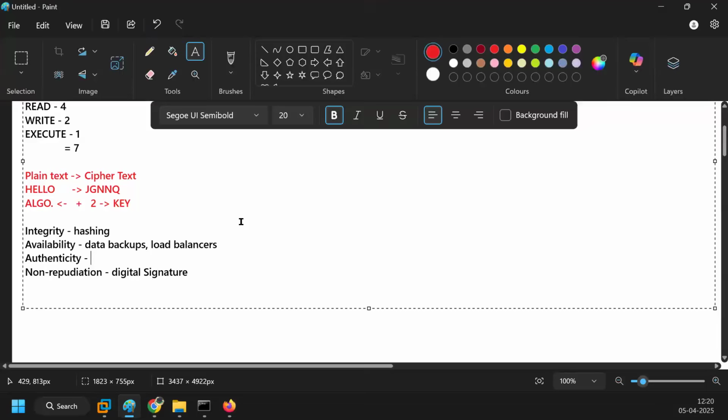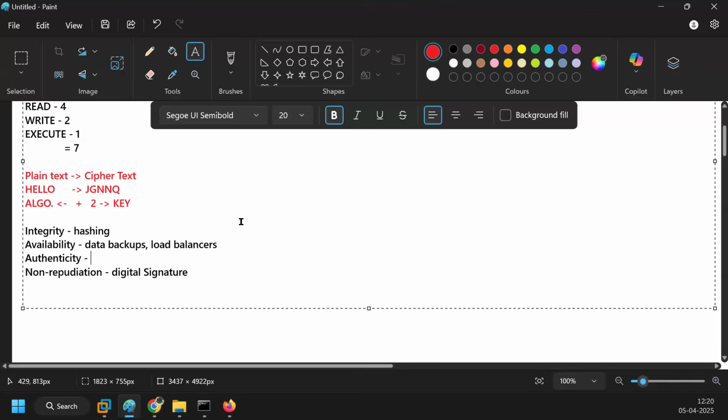If you do not have non-repudiation, the sender of a particular message can later deny it, saying they have not sent that information. But if we have non-repudiation, the sender of a particular message cannot later deny sending it, and the receiver cannot later deny receiving it. That is what non-repudiation is.